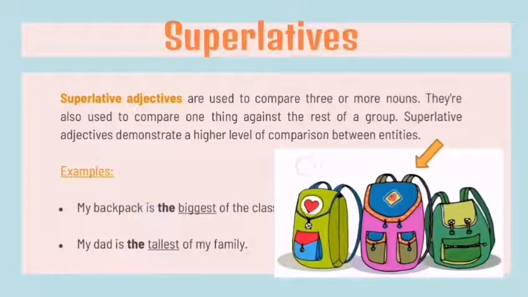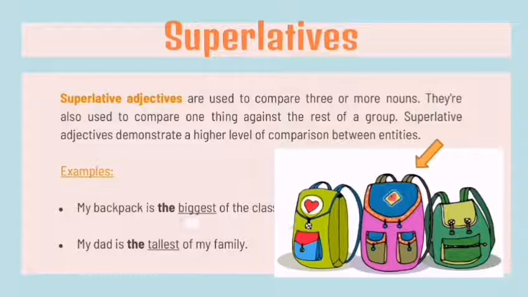To build superlative sentences, we should follow a structure too. First, we have the noun that is being compared. We have the verb. We have the word the that you're going to add every time that you use a superlative. We have the adjective with the superlative form.